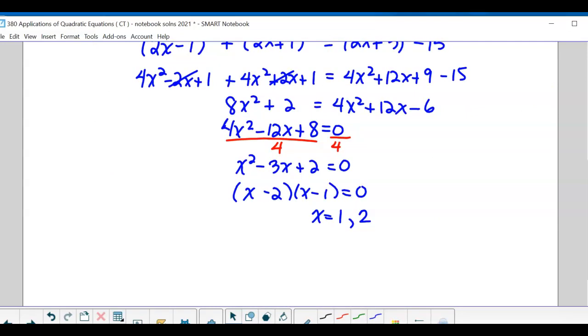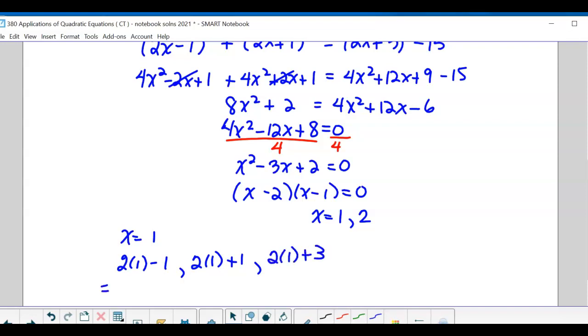So taking a look at this, you're not done, right? Yes, x is odd, but 1 is odd, but 2 isn't. So you need to think about your consecutive odd numbers. So if x equals 1, then you would have 2 times 1 minus 1, 2 times 1 plus 1, and 2 times 1 plus 3.